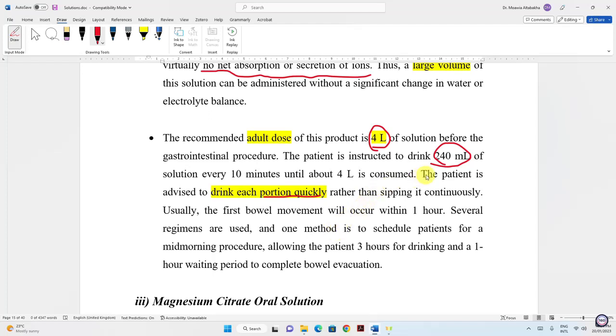So this happens in 4 hours: 3 hours they will drink and finish all of the 4 liters, and then 1 hour they will evacuate the bowel, waiting for the doctor to see the patient. This is how it's done.